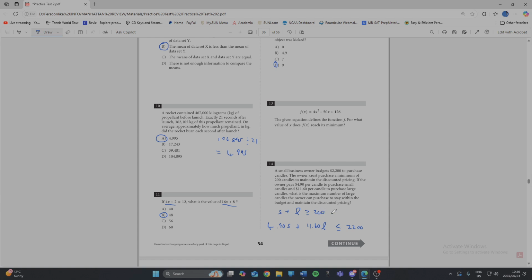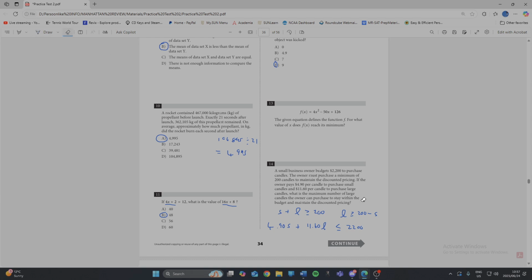So we could say that L is larger than or equal to 200 minus S, but that would not be the ideal one to use.